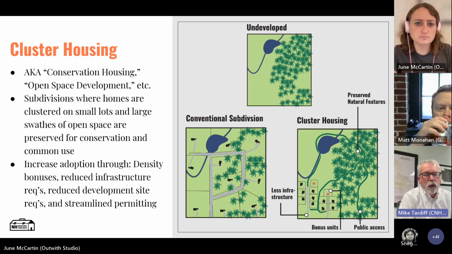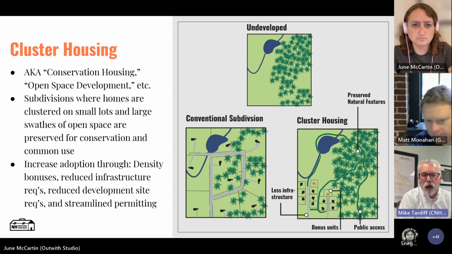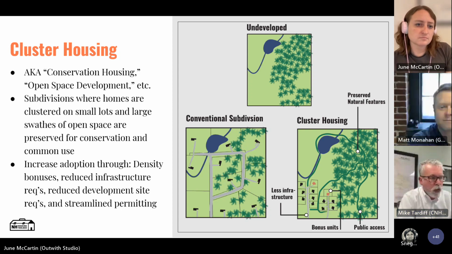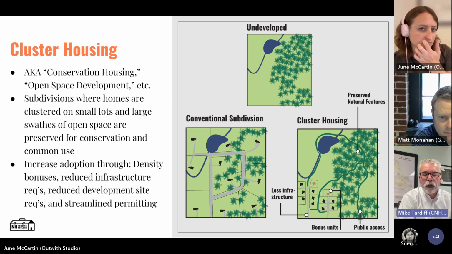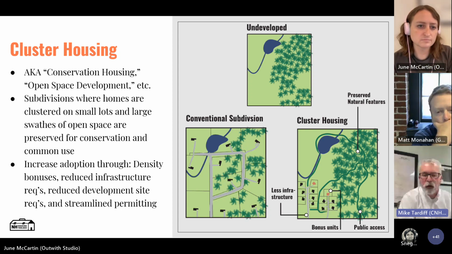more of an option for a developer? Think about the process, think about the potential for density bonuses. If you've connected to a trail network, you might have an opportunity for a higher density, or those different options to be more proactive if you really want to have cluster developments located in your community.